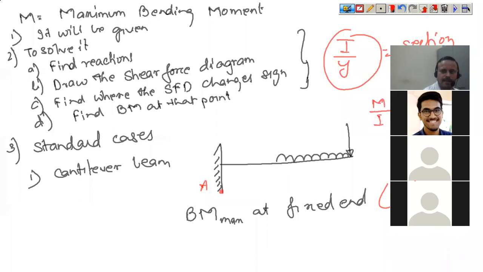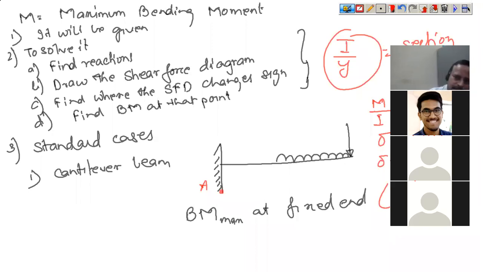M by I is equal to sigma by Y. So this can be written as sigma is equal to M into Y upon I, which is M divided by I by Y. This is further written as sigma is equal to M by Z. So this term I by Y is called the section modulus.